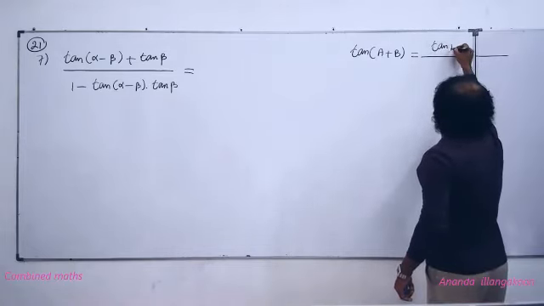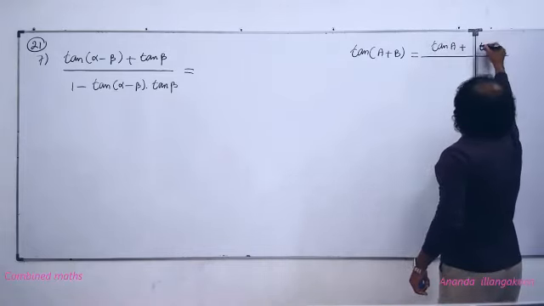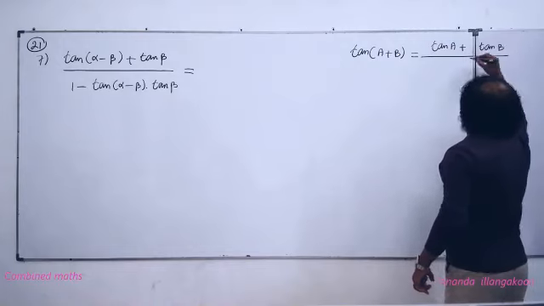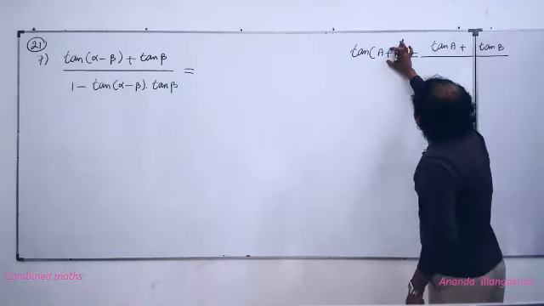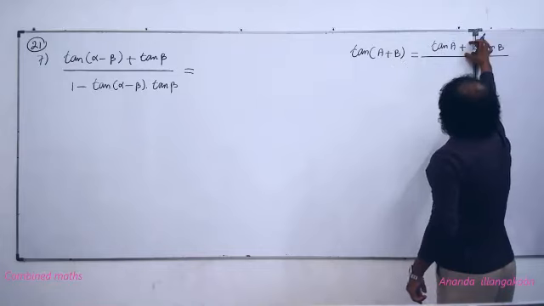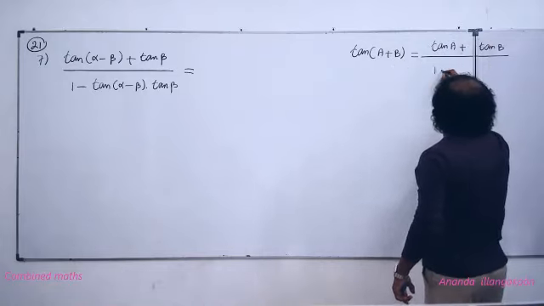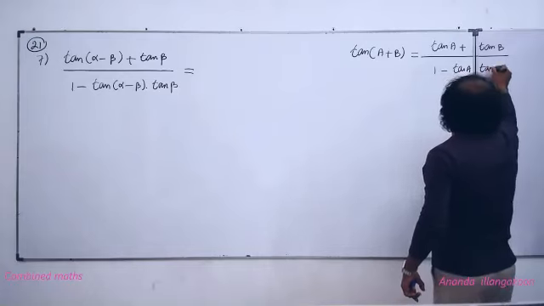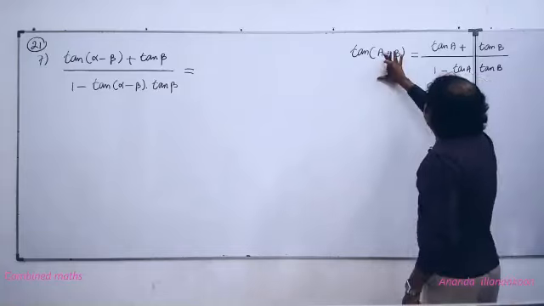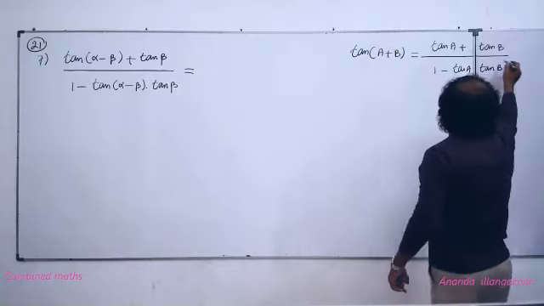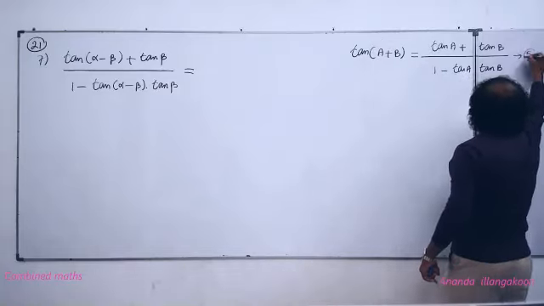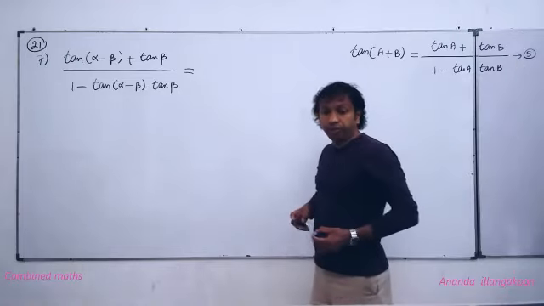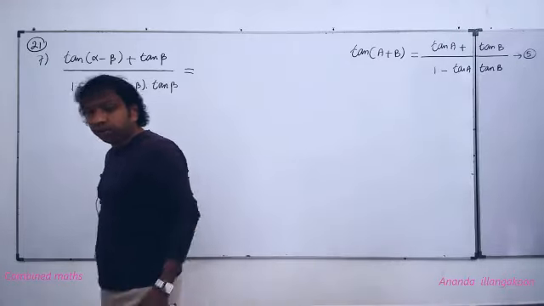Tan A plus tan B, and if we have the sign plus, the opposite sign comes in the denominator. What is that? 1 minus tan A tan B. This is how we write the expansion of tan A plus B, the formula number 5 we obtained among the AB formulae.